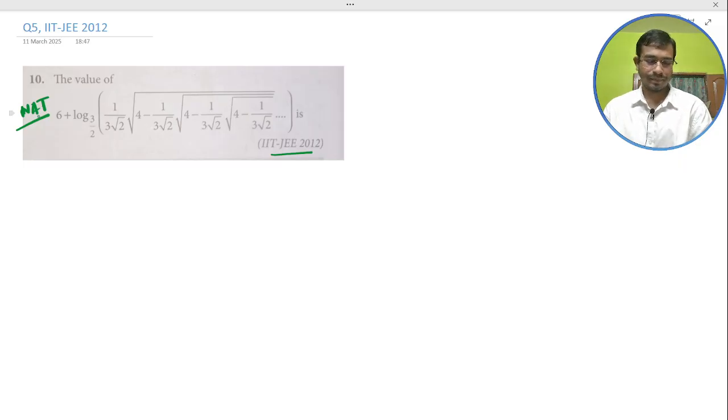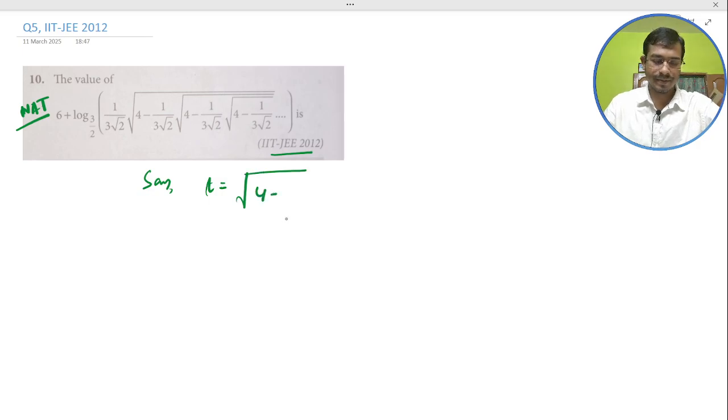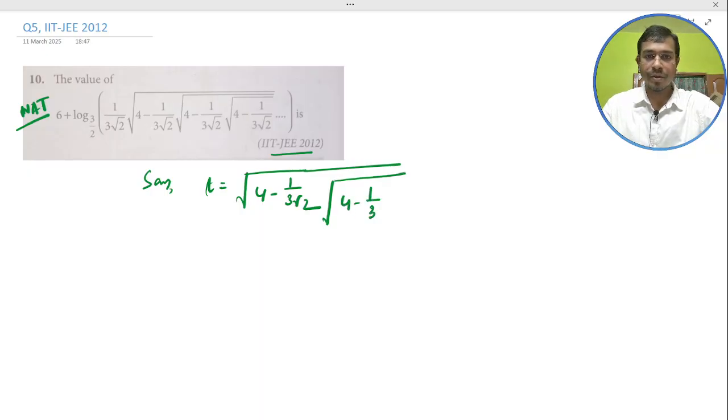Try yourself first. So the repeated term, we just say the repeated term t, this is equal to square root of 4 minus 1 by 3 root 2 square root of 4 minus 1 by 3 root 2 dot dot dot.